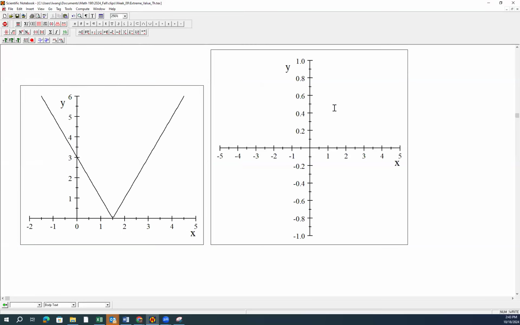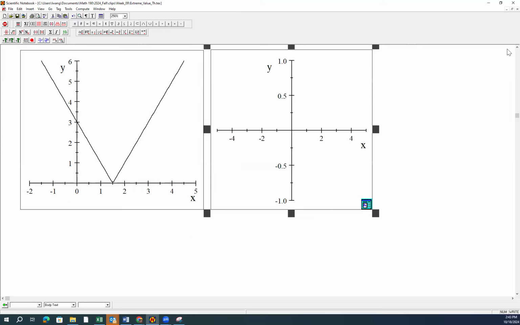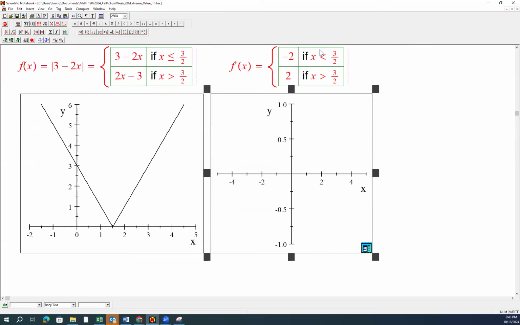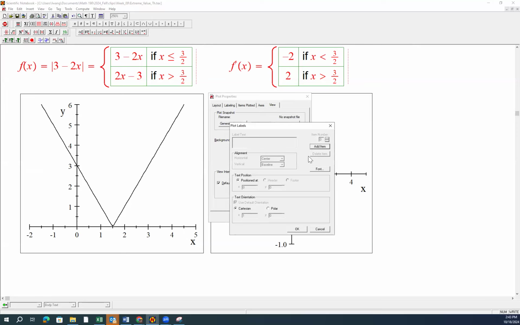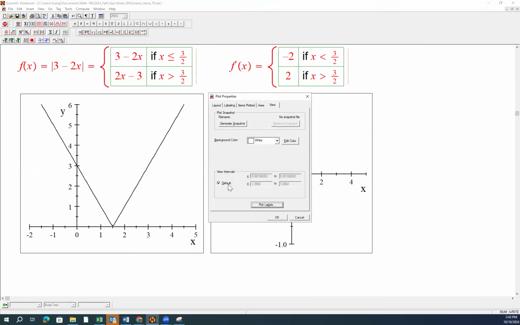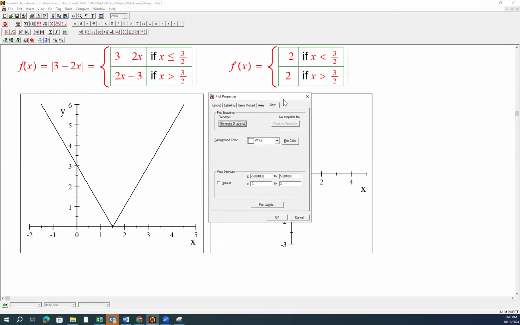So I'm going to put it next to the function. So I'm drawing this piecewise function. Making some adjustment to the scale. And this is going to be -3, +3. And there are 2 pieces.